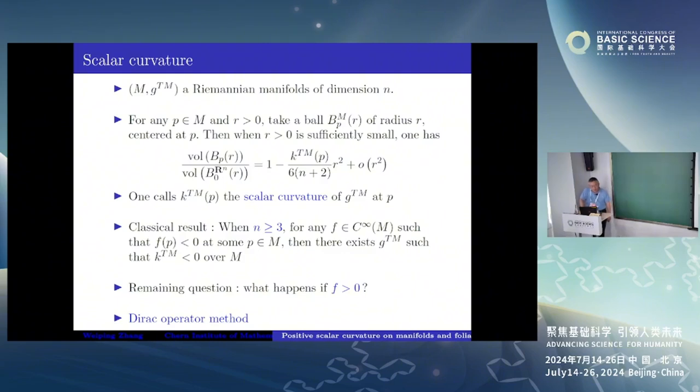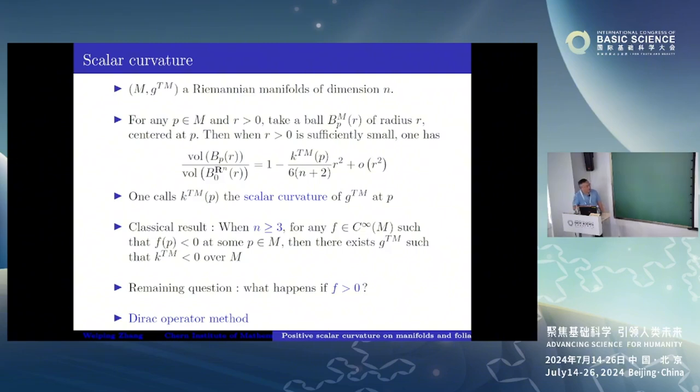The classical result, due to Kazdan and Warner, says that when the dimension is larger than or equal to 3, then for any function f which is negative at some point, there is always a metric such that the scalar curvature equals this function.